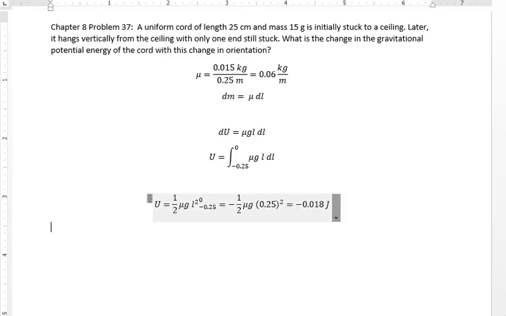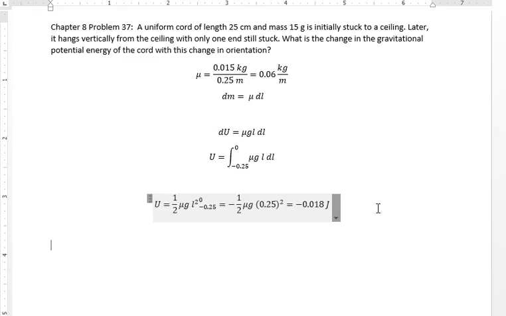Okay, now given the chapter 9 lesson, this is what we have now: minus 0.018 joules of energy relative to where we started, which was this piece of spaghetti stuck to the ceiling instead of dangling down.